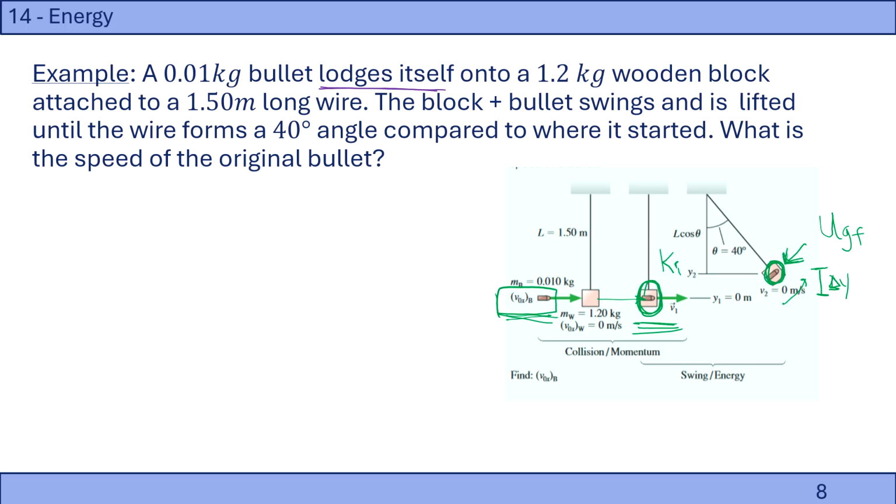There's no change in the height, so we can't get there using UG, and so kinetic energy initial equals kinetic energy final doesn't really mean much to us here. But what we can say is, if we have that middle point kinetic energy, that K initial for step 2, or K final for step 1, then we could get that velocity.